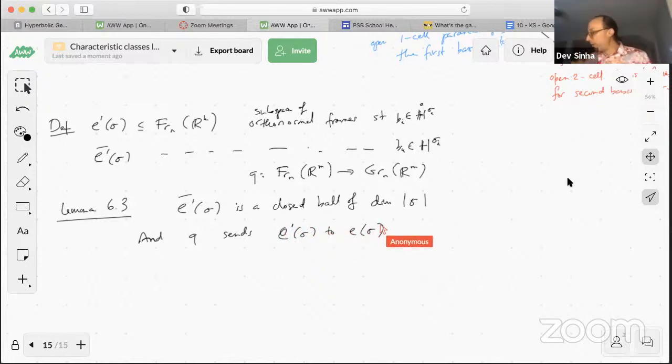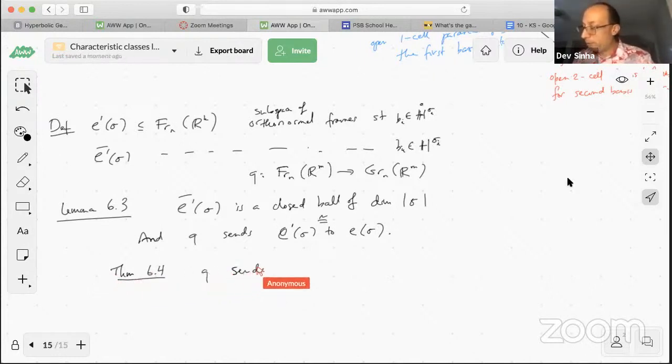So it sends that open cell homeomorphically onto this open cell in the Grassmannian, and then Q sends the boundary, and this is basically all that's left to prove in theorem 6.4, telling us that we've got a CW structure, that Q sends the boundary of this cell to cells of lower dimension.